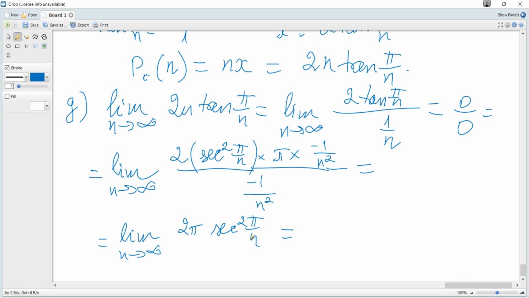Cosine of 0 is 1, so 1 squared is 1, so secant squared becomes just 1, and finally just 2 pi, and the required limit is 2 pi.